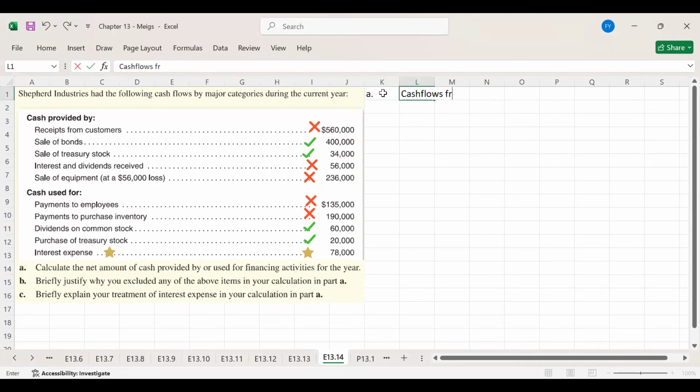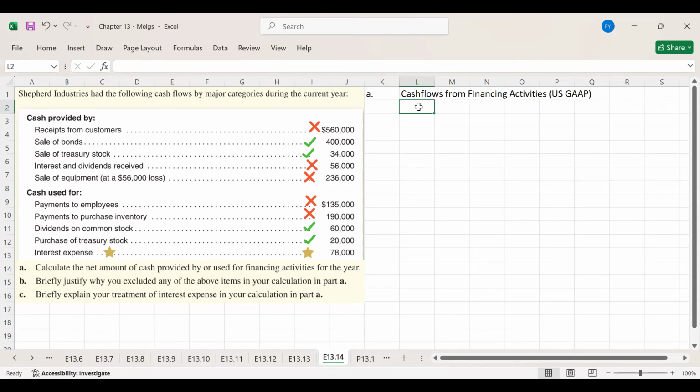And this we are using if the company is following US GAAP, because the treatment of interest expense is different in this case.